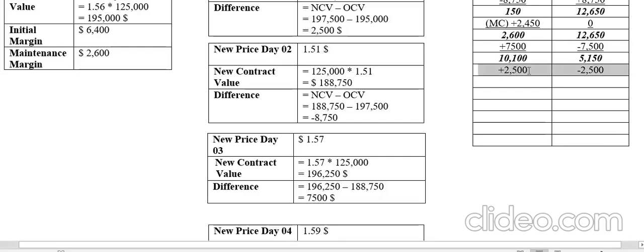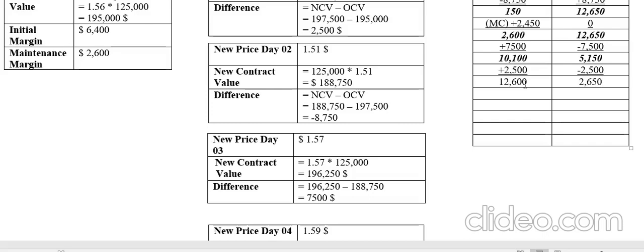So there will be a plus 2,500 with the buyer and minus 2,500 for the seller. 10,100 plus 2,500 will become $12,600, whereas 5,150 minus 2,500 will give us a remainder of 2,650.